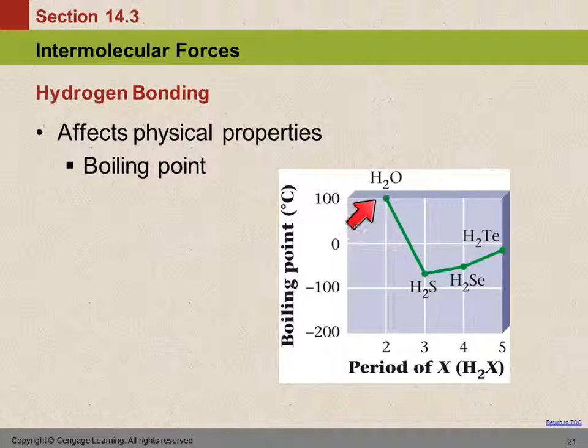But why does water boil at plus 100 degrees Celsius? Well, do these other compounds have hydrogen bonding? Do they have hydrogen bonded to F, O, N? No, they don't. These are all polar molecules. They have dipole-dipole forces, but hydrogen bonding is much stronger.